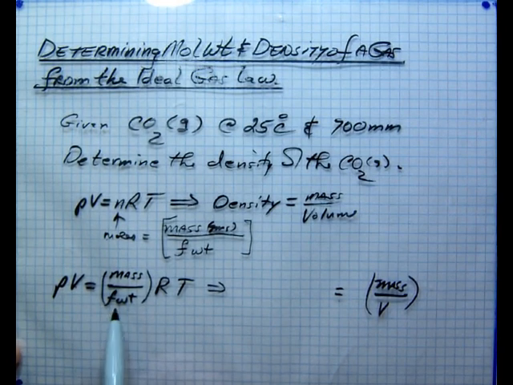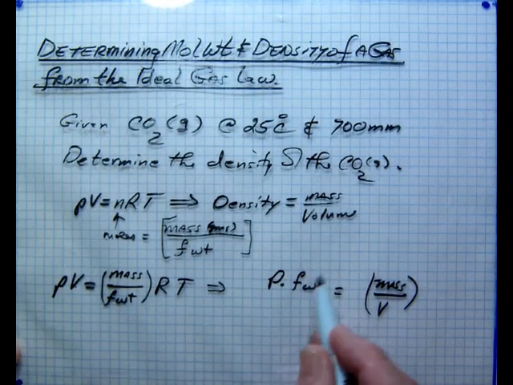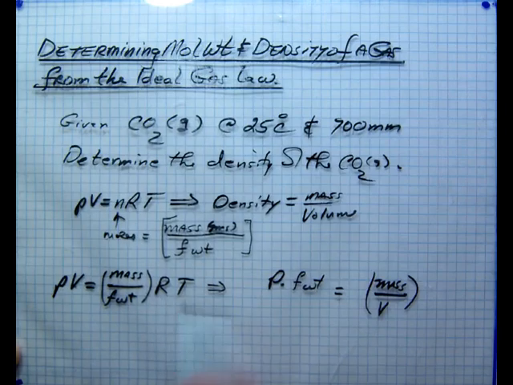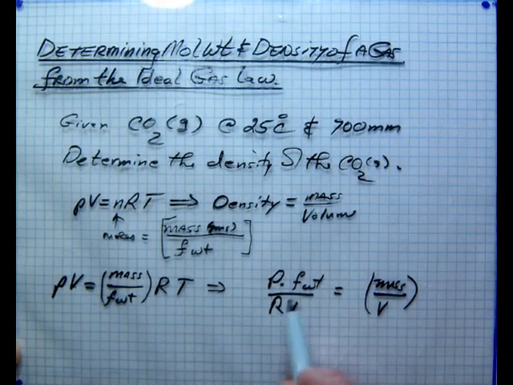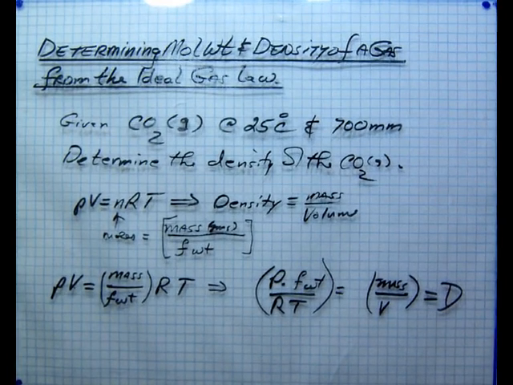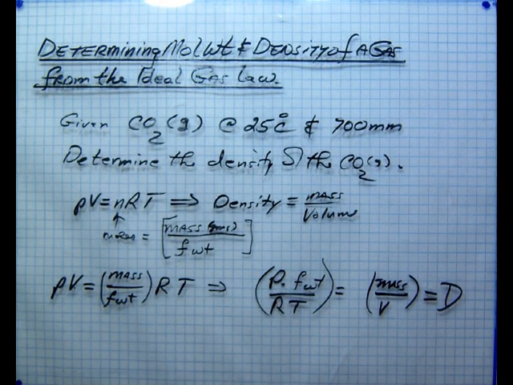Well, I've got to get formula weight, multiply both sides, so I have pressure times formula weight right there. And then I divide both sides by R and T, and we have the equation for density. And you simply substitute the values given in the problem.